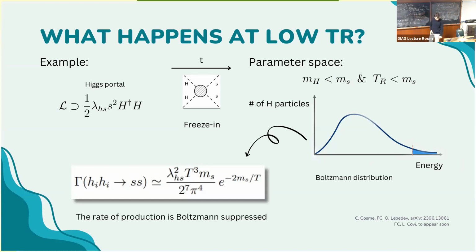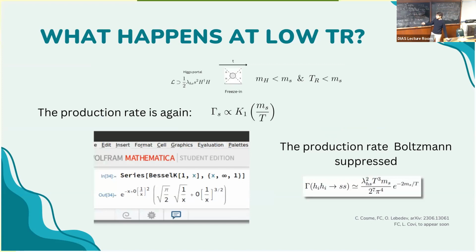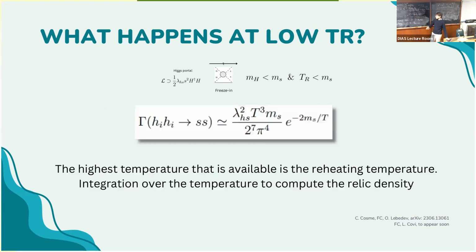That's why we have this exponential suppression. If you want, this comes from the Bessel function that we've seen before. When expanded, we get e to the minus x. So the production rate is Boltzmann suppressed, meaning that now the coupling can be much higher than what we had before, because the production rate is very small.